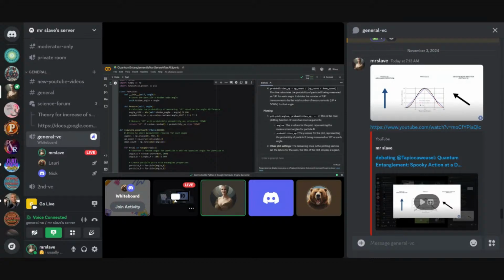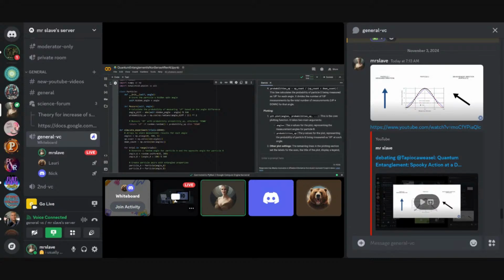Now I'm going to take particle A to the left side of the known universe, and I'm going to take particle B and move it to the right side of the known universe. And now I'm going to conduct an experiment on particle A. I'm going to ask particle A, please measure yourself at 0 degrees, meaning the magnet is at 12 o'clock.